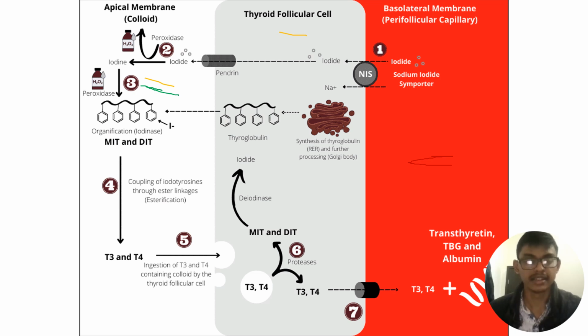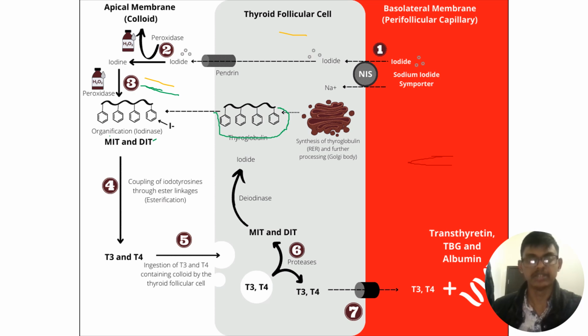Now, then there is an incorporation into the thyroglobulin. This thyroglobulin is a molecule which is produced by the rough endoplasmic reticulum of the cells of the thyroid gland, and the residue is usually tyrosine.